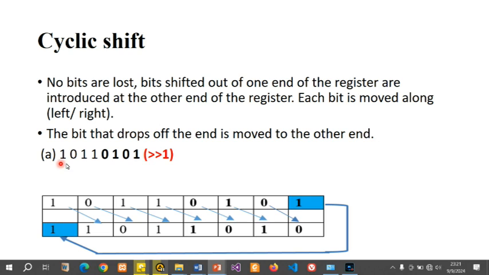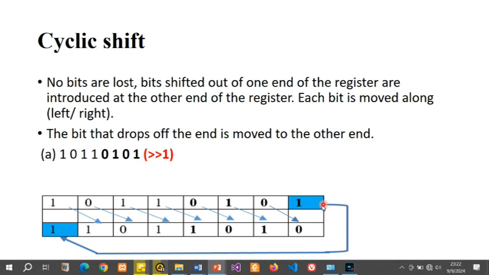Now let's look at this example whereby I'm supposed to move these bits 1 time to the right. Now that means when I move the 1, it lands here. I move the 0, it lands here, and I move these ones, they still move 1 point to the right. Now let me move this one. If I move the 0, it lands here, right? But when I move this one, it doesn't have any place to be stored in the rightmost part of the register.